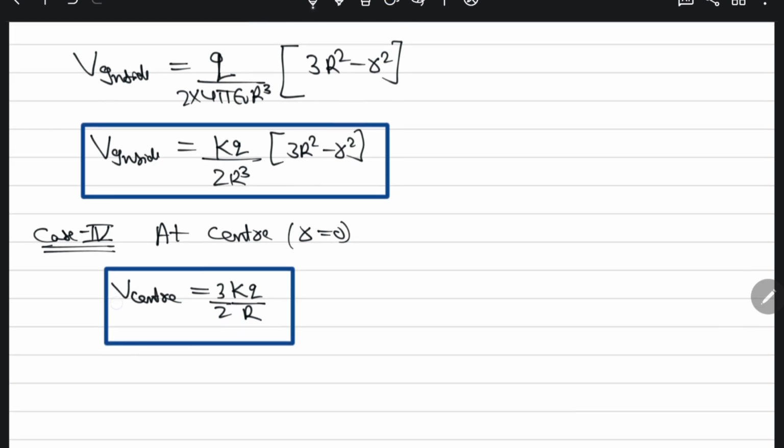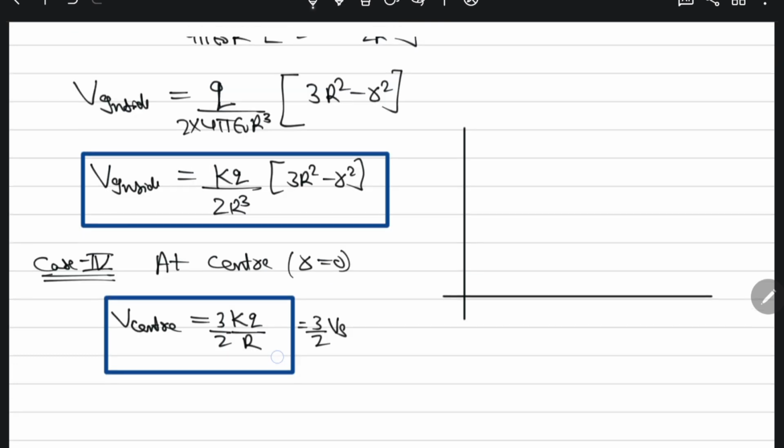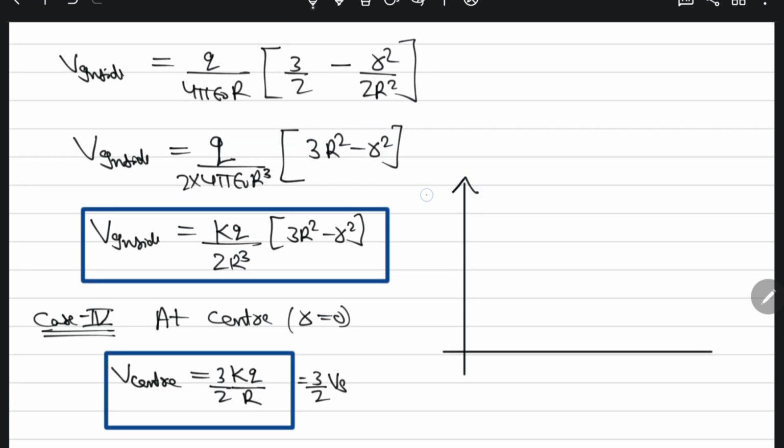Right, now I can draw the graph for this. Here you can see we can also write this as 3 by 2 times the potential at the surface, versus r.